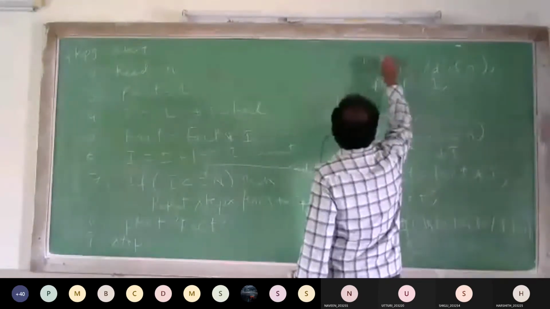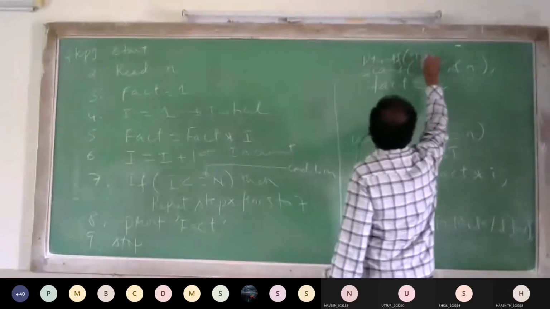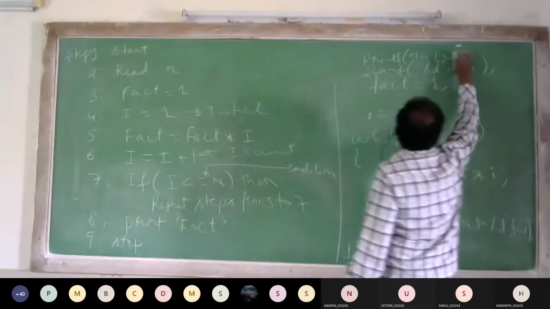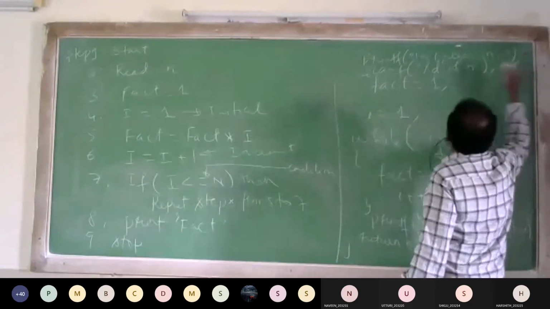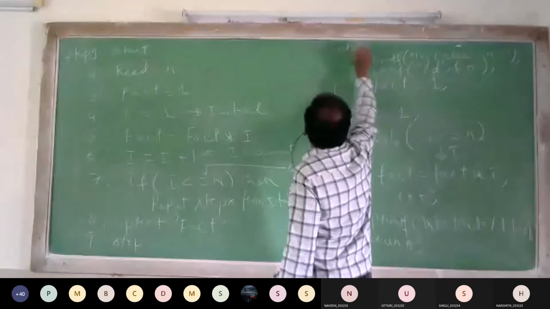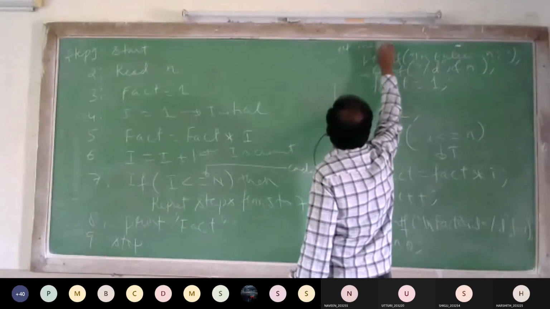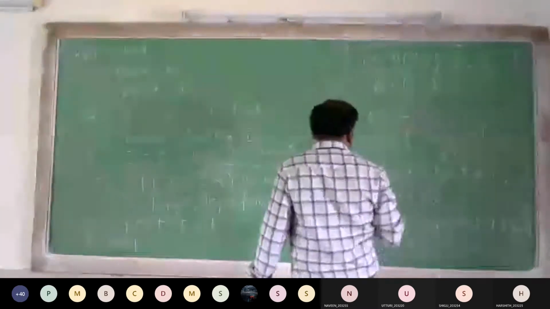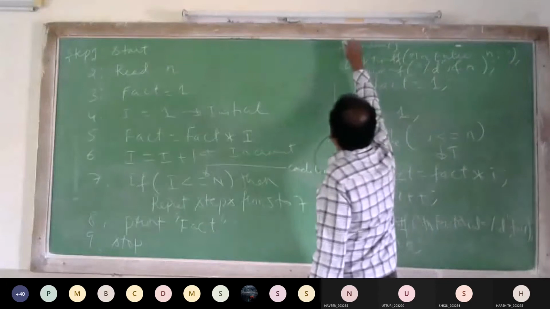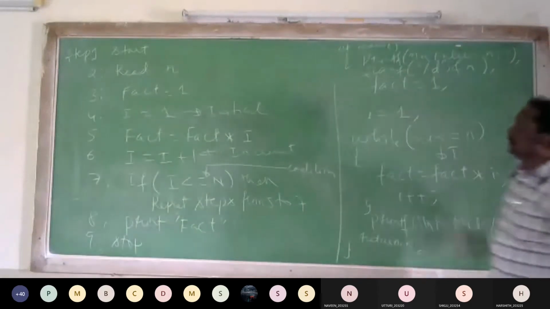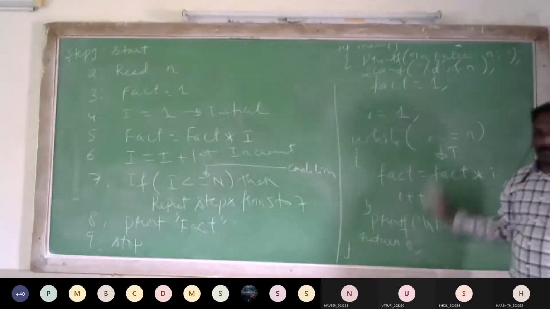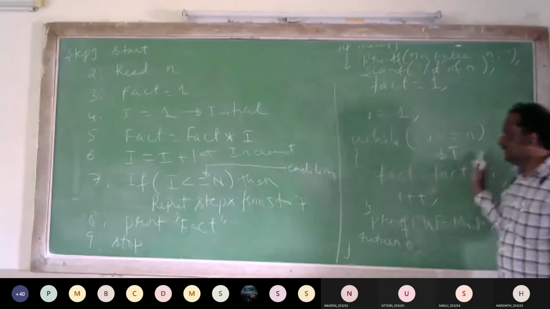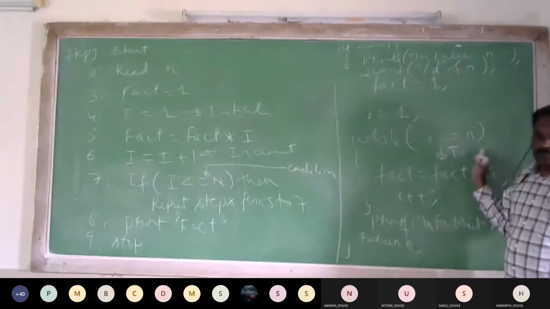To display the message, printf enter n value. The first statement should be int main, with open brace and close brace. Above this you can include stdio.h. So this is the program for finding the factorial of a number.